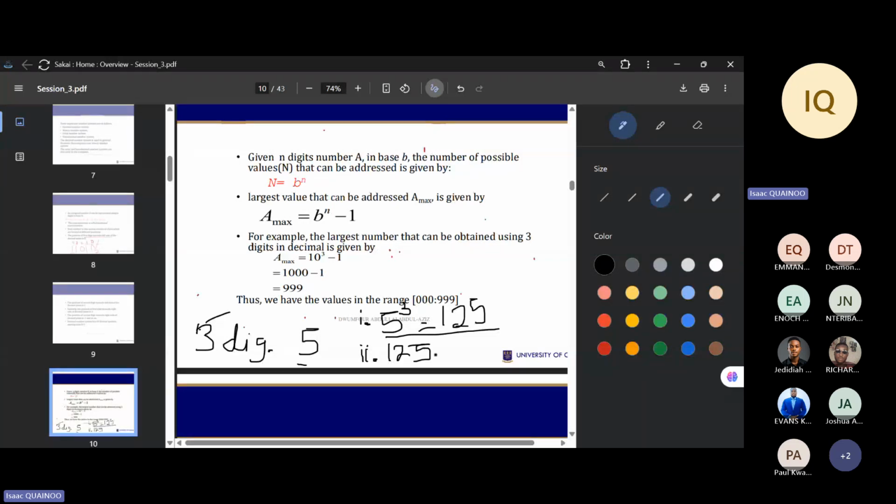Okay, so this is the number of representations, and this here is the largest number in there.